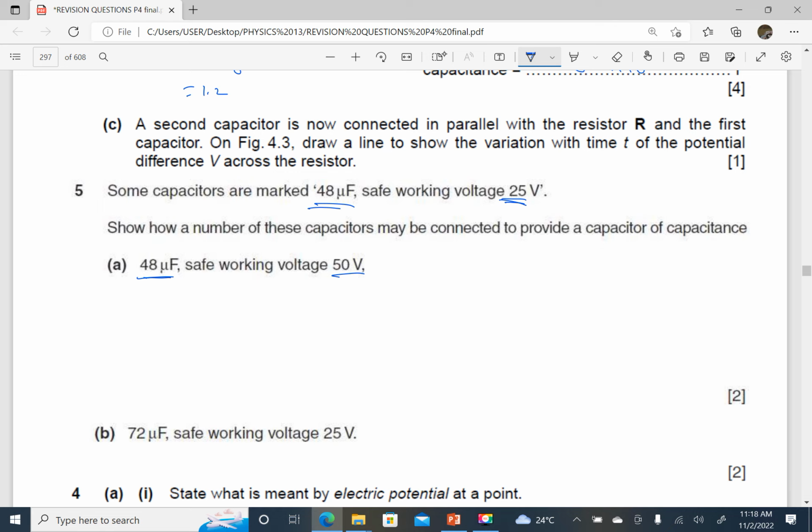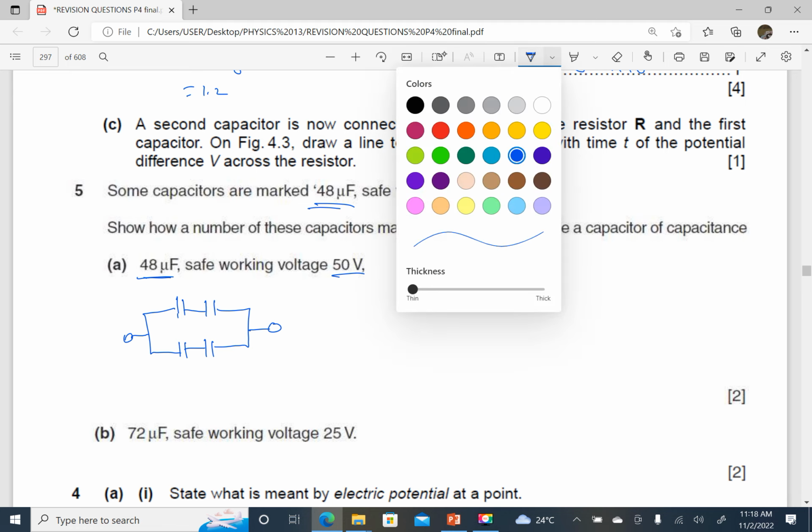One simpler way could be thinking of two capacitors in series, in parallel with another pair of two capacitors like this. These leads show where they connected the 50 volts. Try to check the total capacitance here, to see if it is 48.